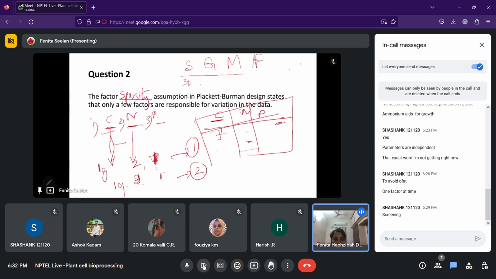We will go to response surface methodology. We will go to the next session. We will come to this Plackett-Burman design at the end. I will ask some questions, and we'll see whoever is answering. If you have doubts in the Plackett-Burman design, ask me. I'm here to solve those doubts only.